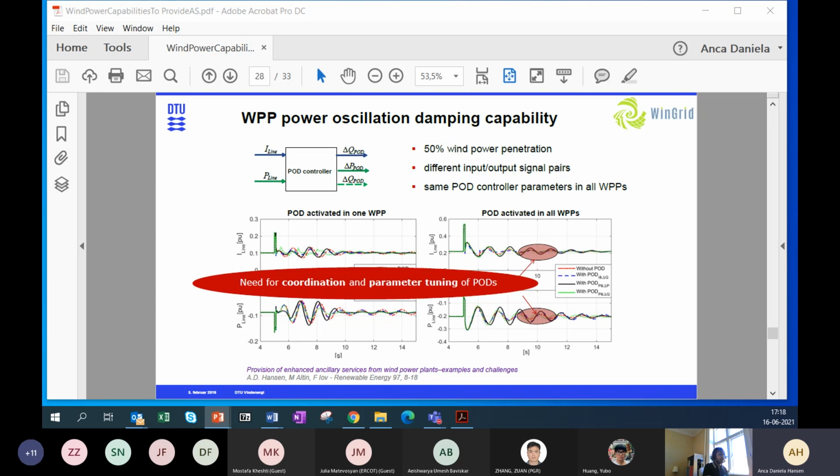How we did it here, if I remember right, was a kind of proportional dispatchment. But of course, a more complex dispatch control strategy can be implemented.